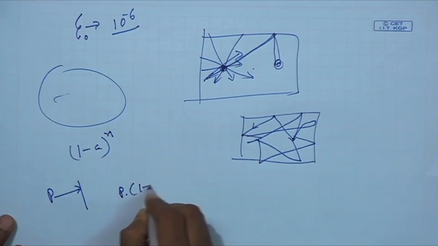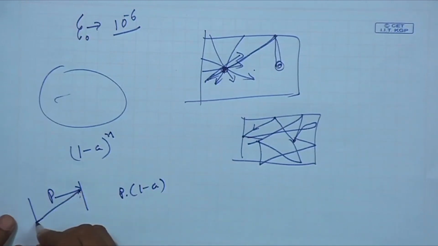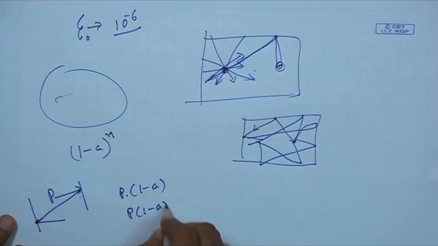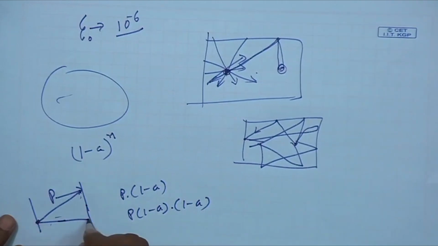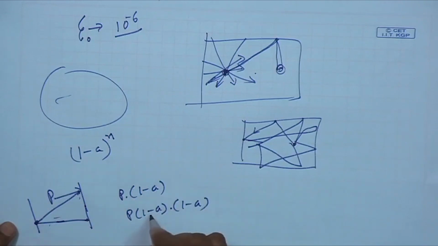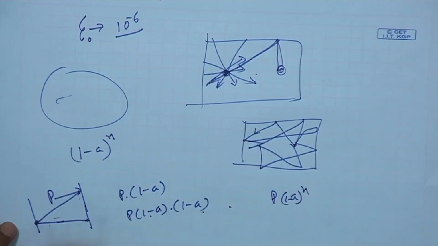P into 1 minus A, that is reflected and is incident on another wall. So, it will be P into 1 minus A into 1 minus A, then it is reflected on another wall. Let us say n times it is reflected. So, this is 1 minus A n times, which is nothing but P into 1 minus A to the power n.